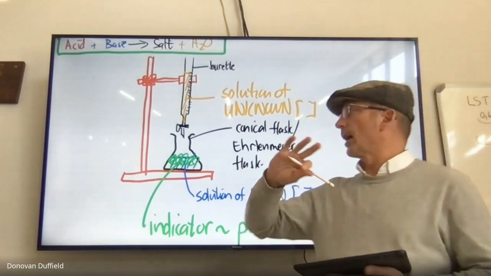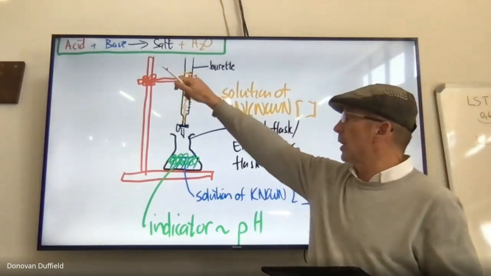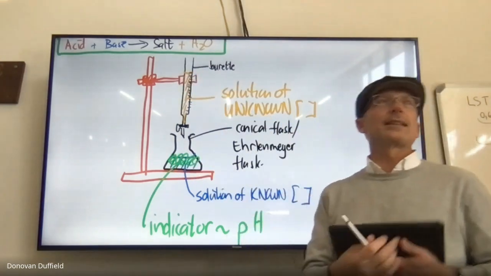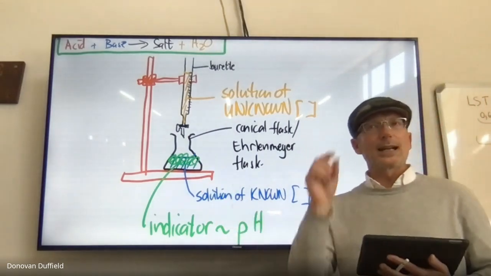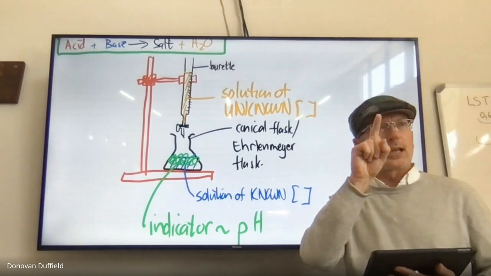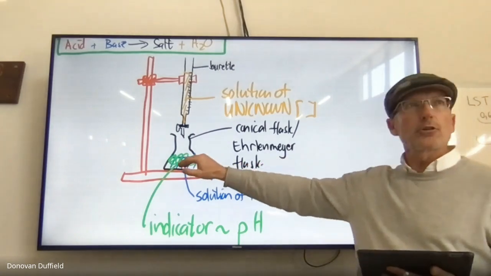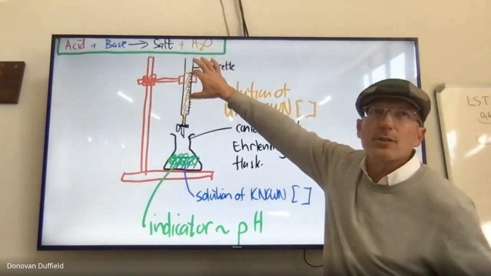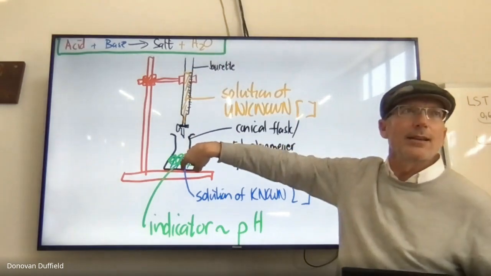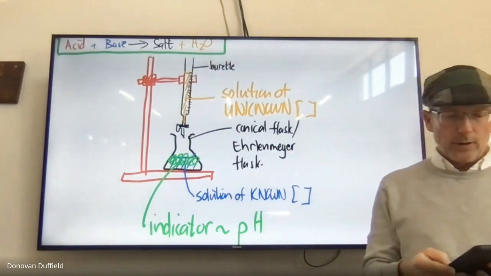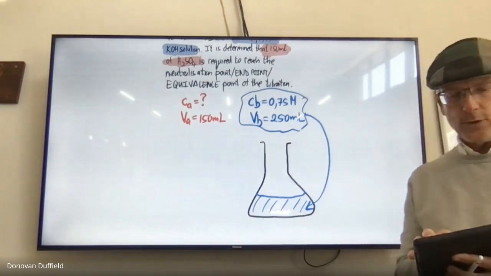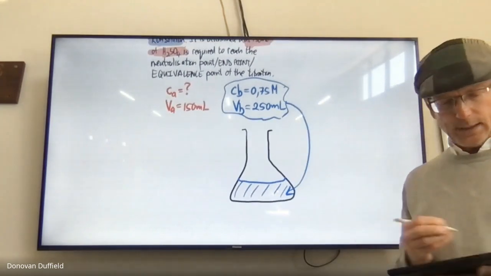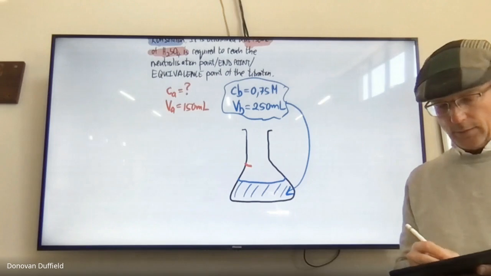I apologize for that. So what happens is when you eventually, there's a whole technique to it. But you use the indicator to give you an idea color-wise when it reaches neutralization. And when you reach neutralization, you see how much of this was actually added there. Okay. So now, if you look here, when you add the acid now, you've added the volume of acid.